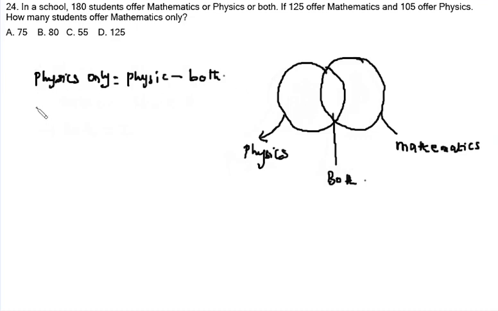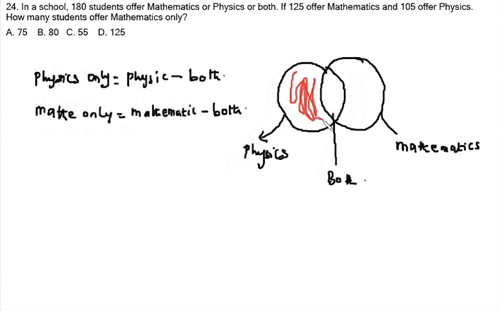It makes sense to say people that offer math only is people that offer mathematics minus people that offer both. Okay, so from there we can now say the people that offer physics only, plus the people that offer both, plus the people that offer math only is equal to the total number of people.